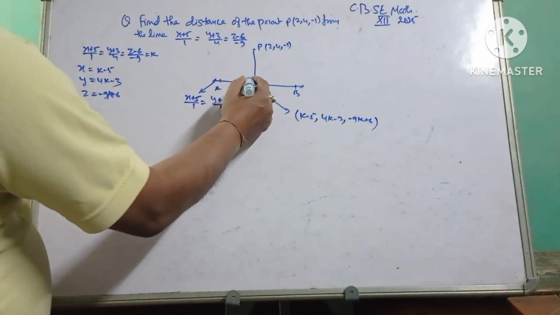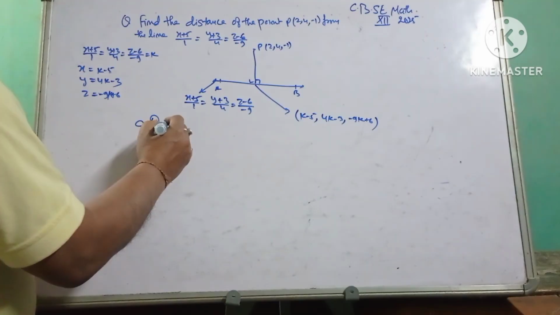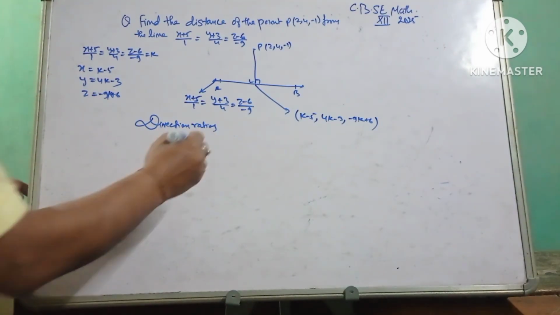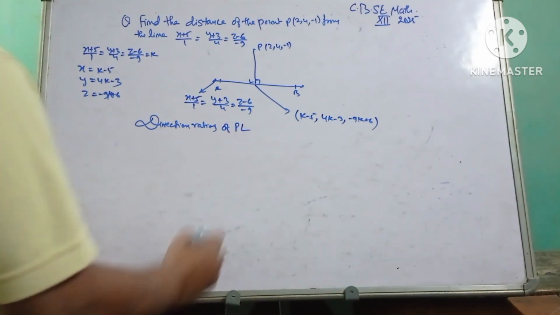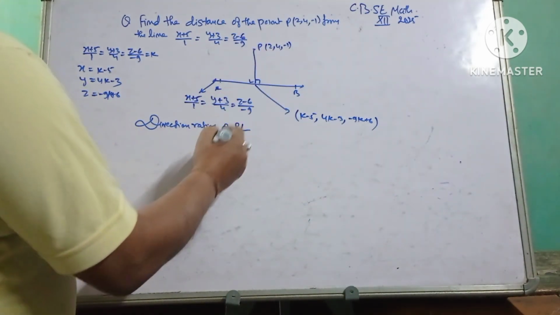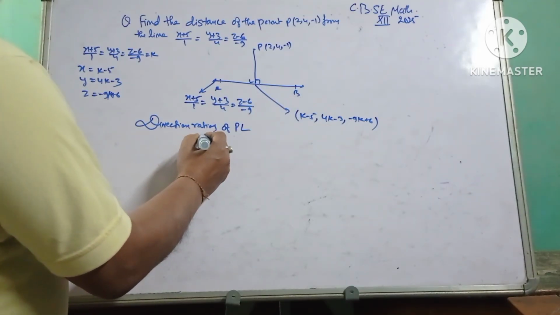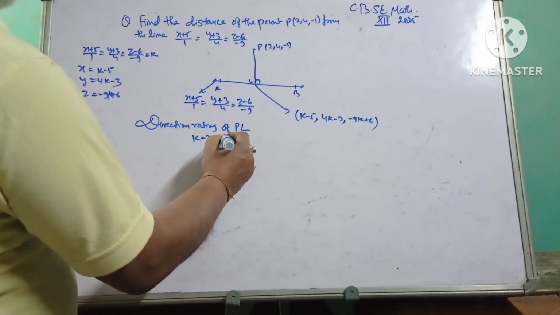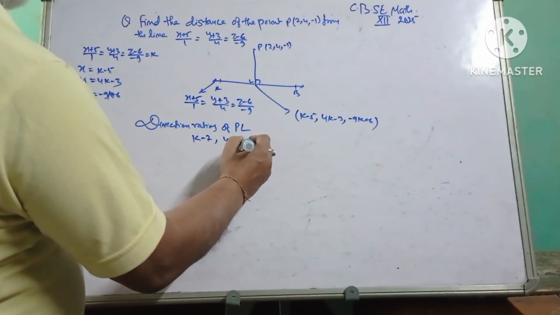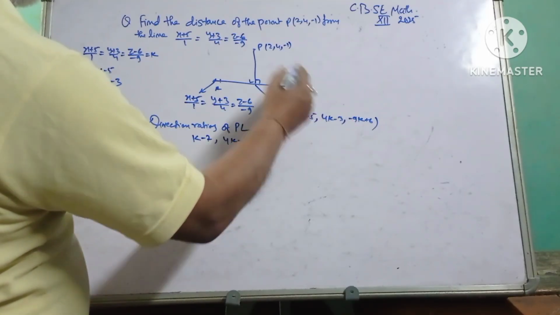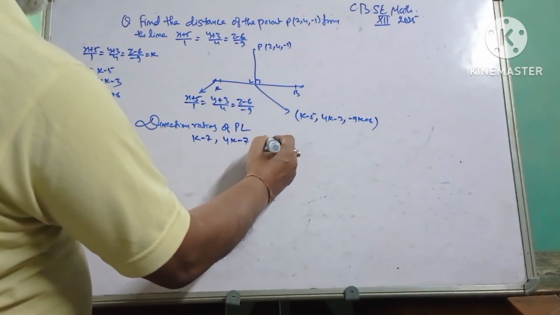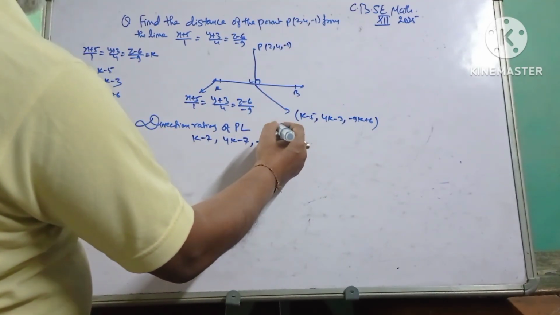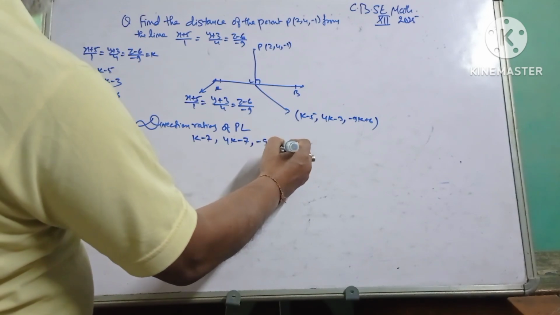Now the direction ratios of PL will be this minus this: k minus 7, then 4k minus 7, and then minus 9k plus 7.